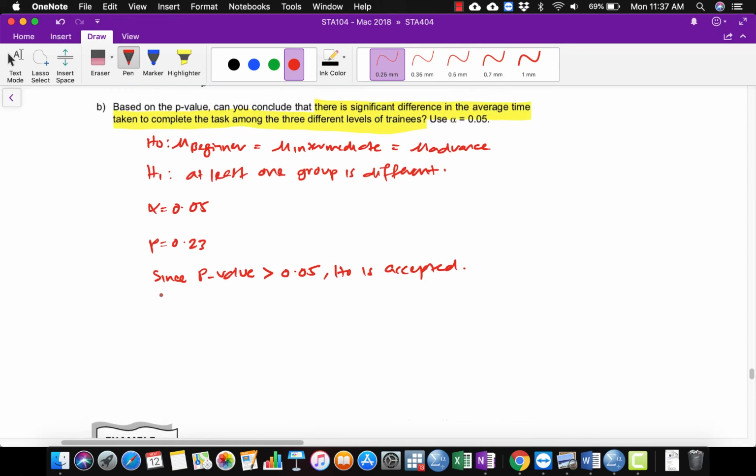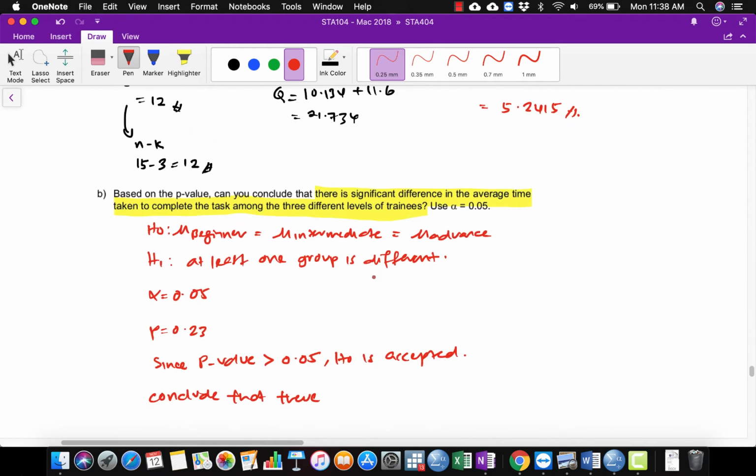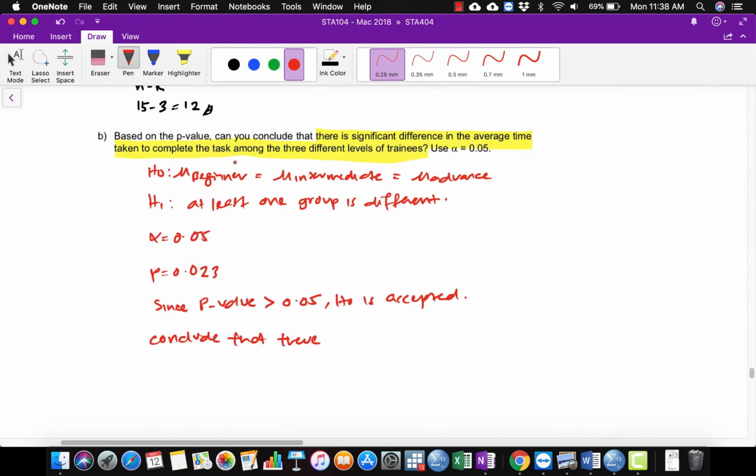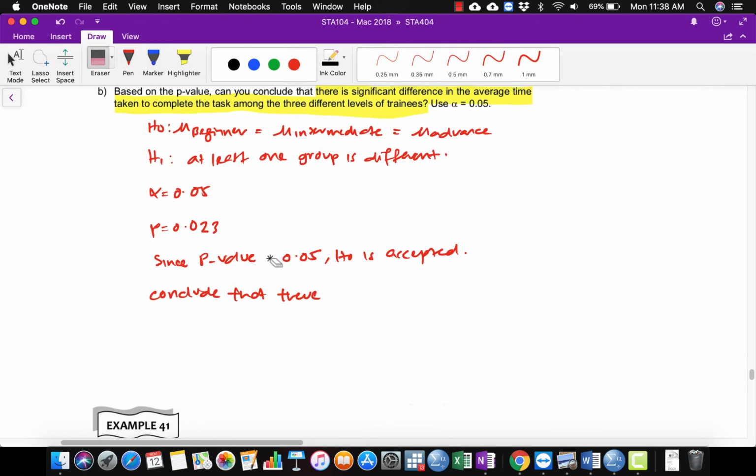So we can conclude that there... this is not 0.23, basically there is 0.023, right? 0.023, okay? So it means that the p-value is less than 0.05 and H0 is rejected.